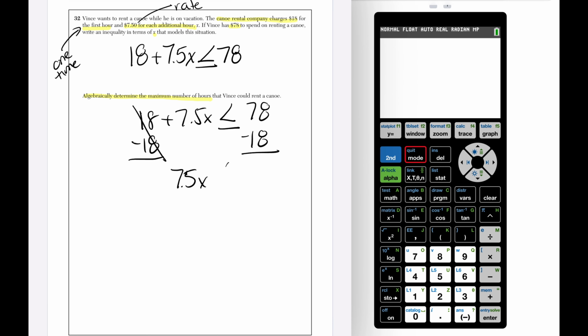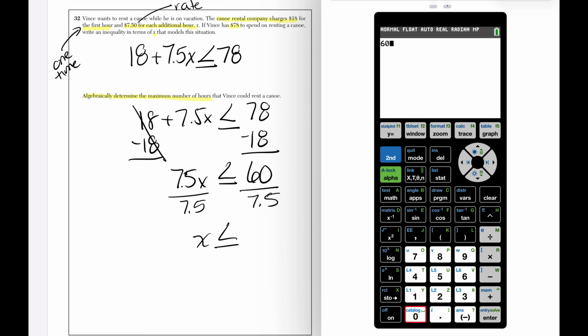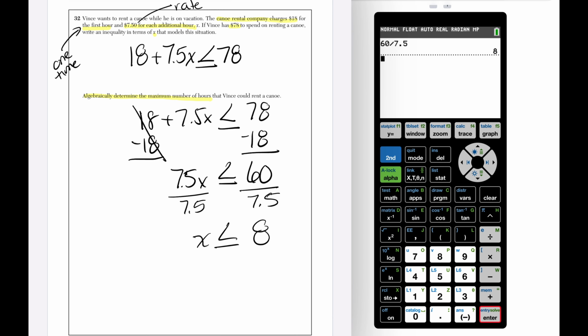So 7.5x is less than or equal to 60. Okay, now I'm going to divide by 7.5 so I can isolate my x, and 60 divided by 7.5 is equal to 8. So that's what x is equal to. These are the 8 additional hours.